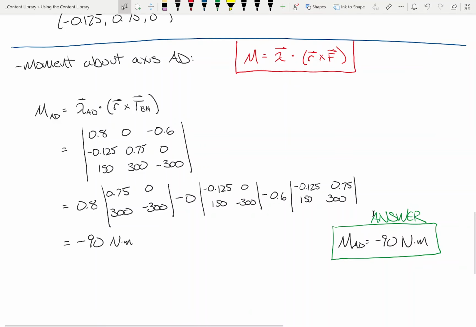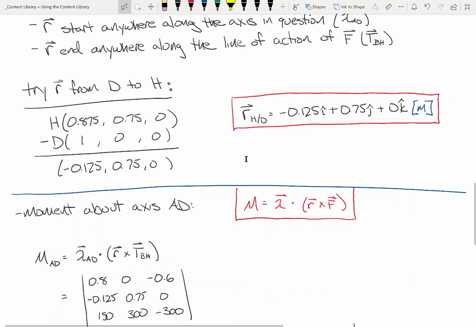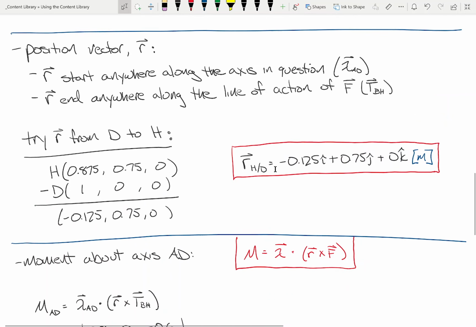I propose that there are 4 different R vectors: you could use AB, AH, DB, and DH. DH is the one we used.